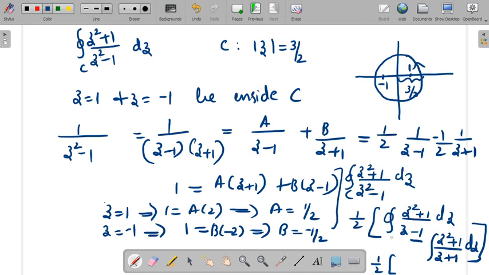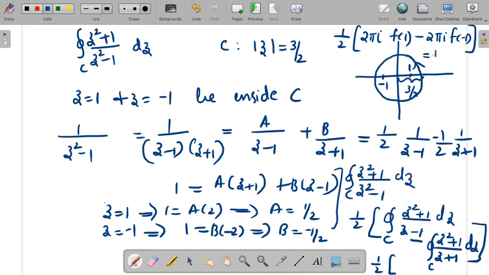z minus a, 1 c യുടെ ഉള്ളിലാണ്, minus 1 ഉം c യുടെ ഉള്ളിലാണ്. So you can write the answer as 1 by 2 into, the first one is 2 pi I into f of 1 minus 2 pi I into f of minus 1.